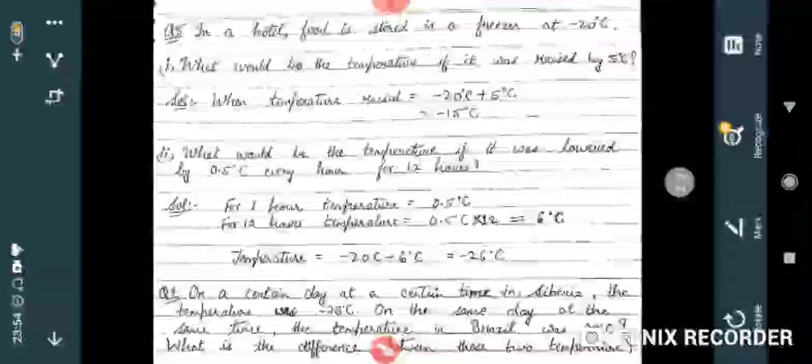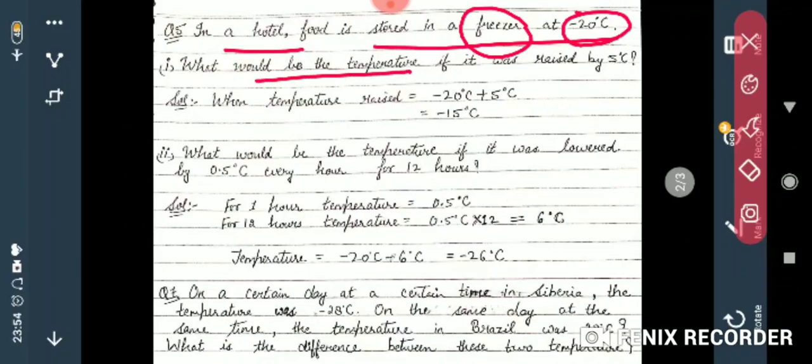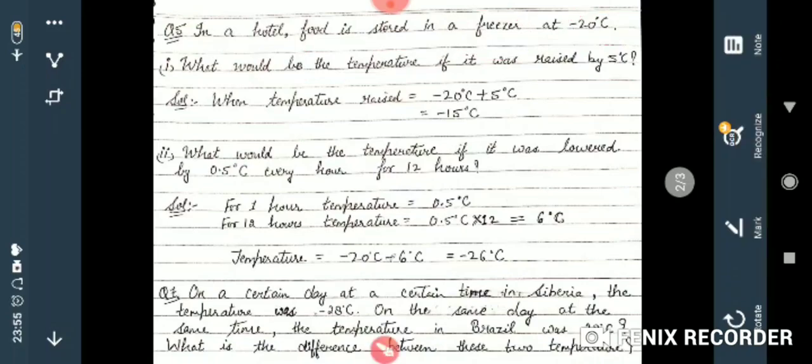Now the next question is, in a hotel, food is stored in a freezer at -20 degrees Celsius. So at what degree Celsius is the food frozen? That means you keep the food in the freezer at what temperature? -20 degrees Celsius. What would be the temperature if it was raised by 5 degrees Celsius? As I explained before, raised means you have increased the temperature.